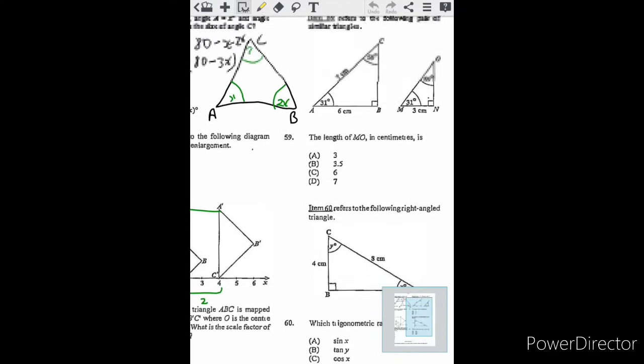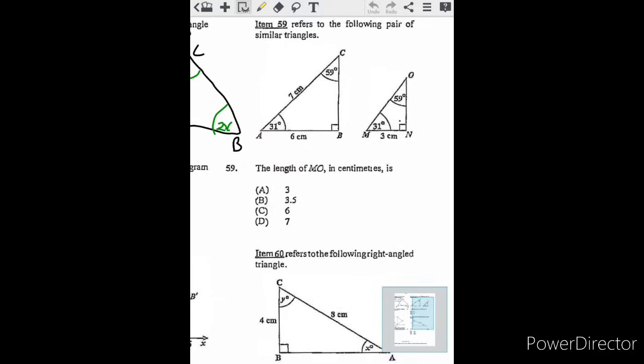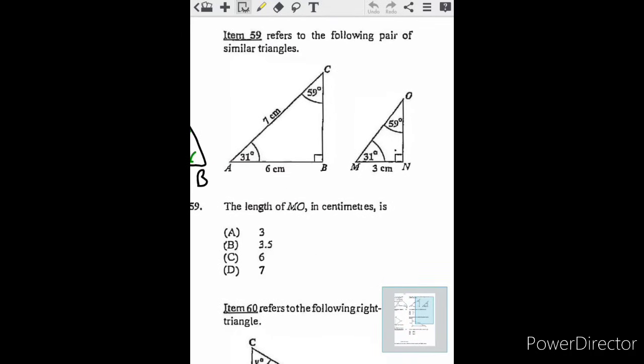Question 59. Item 59 refers to the following pair of similar triangles. Looking at our triangle, we can see AB is equal to 6 and MN is equal to 3, and that is half.